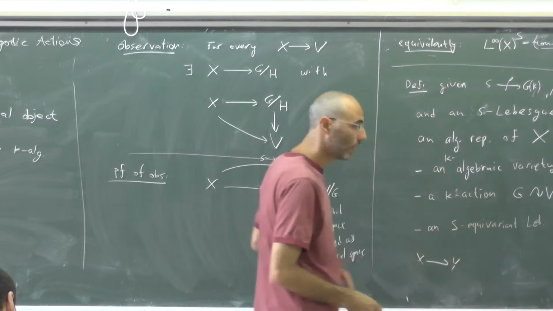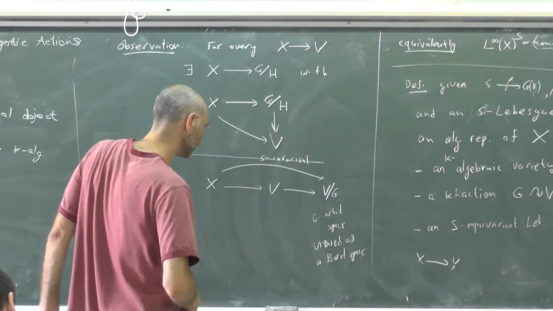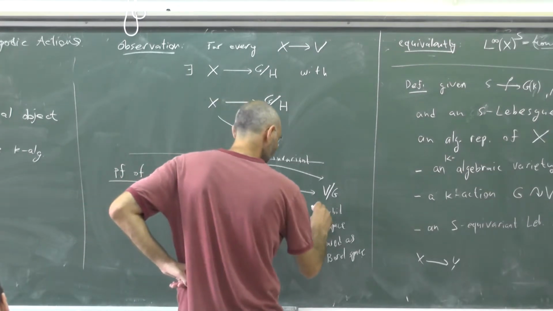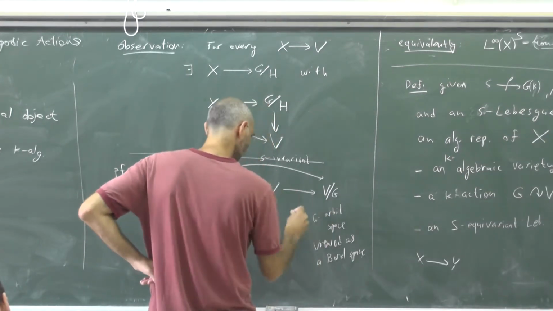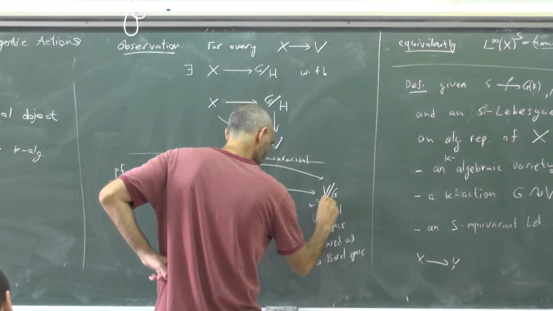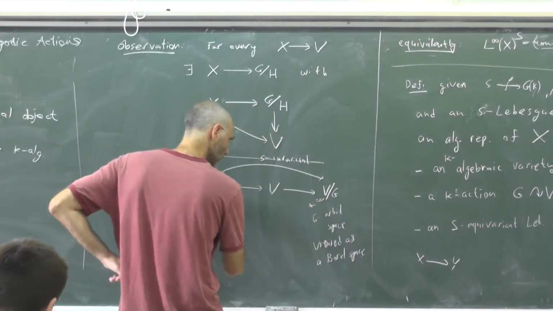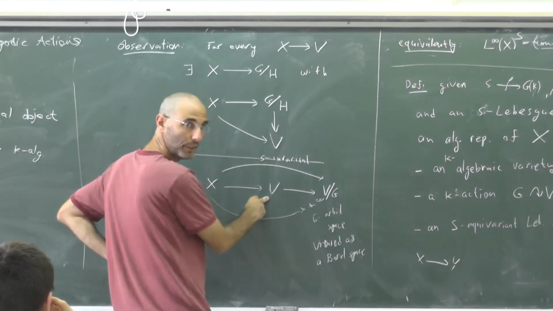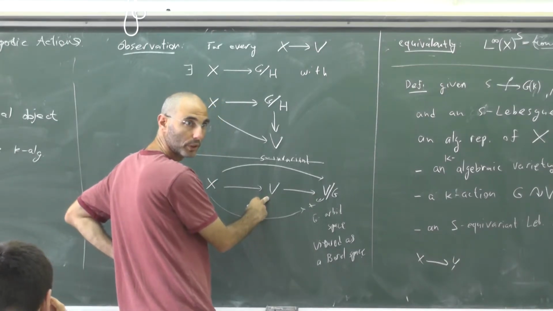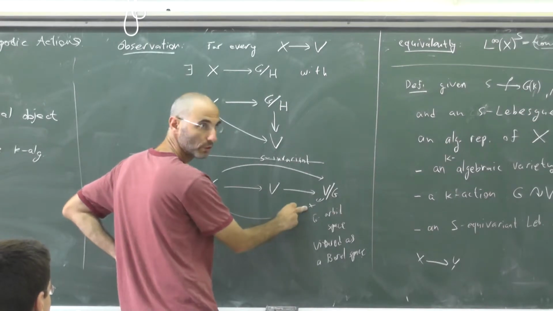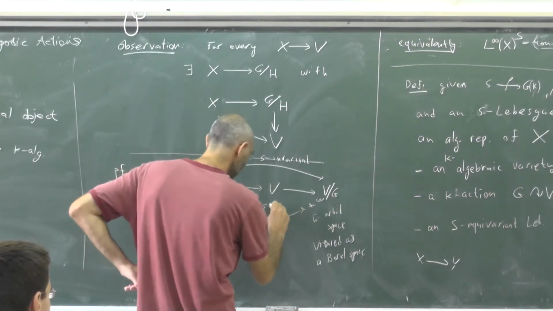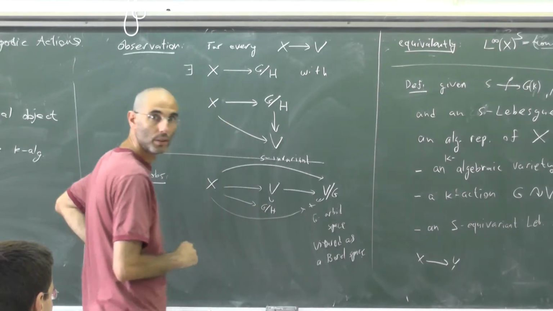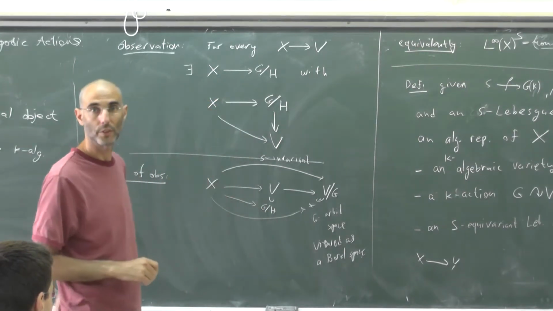So the image here will be one point, and hence in V the measure will be supported on the pre-image of this one point, which is some orbits. And this is the proof.